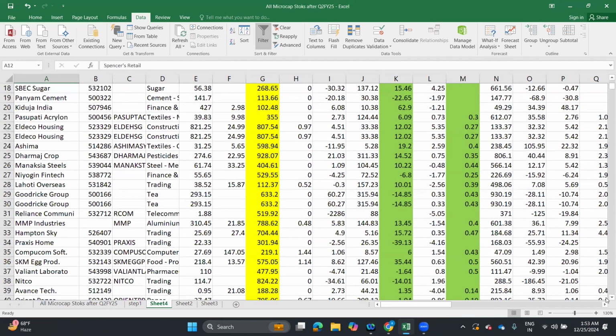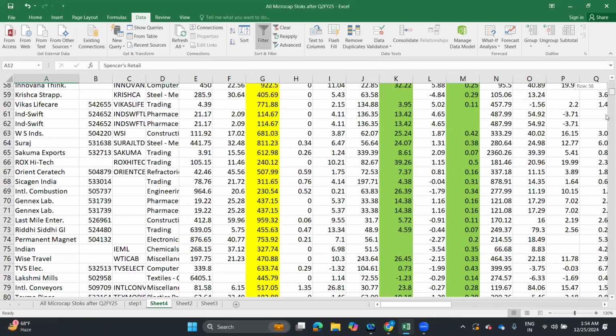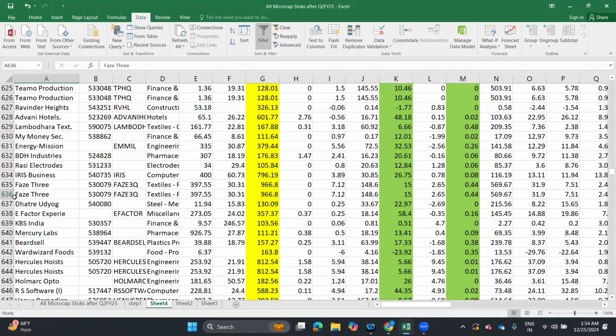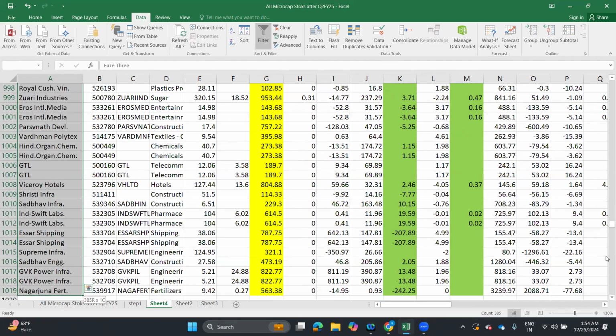So this list is obviously still very exhaustive, because as I said, there are thousand stocks. Now, what we can do, we can further filter this list.